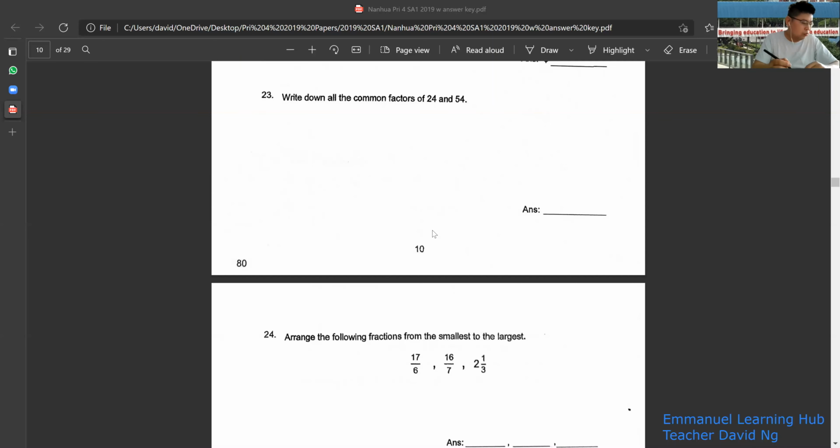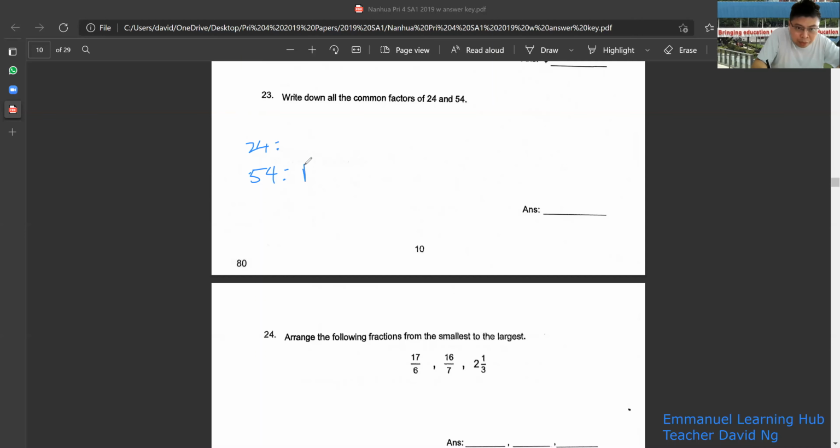Done? No, I only finished the 24. Okay, you list out the factors of 54. So can you tell me the factors of 54? No, you tell me now the factors of 54.